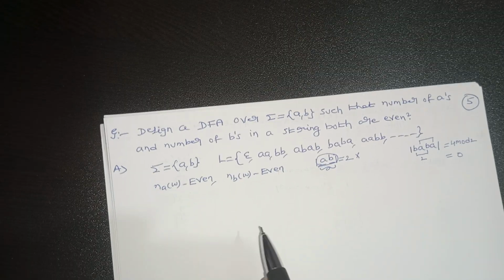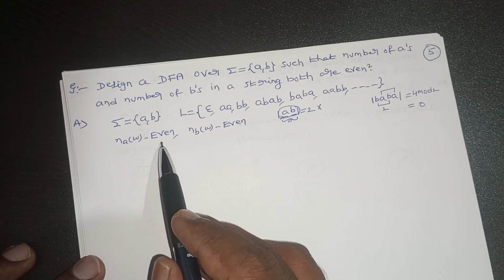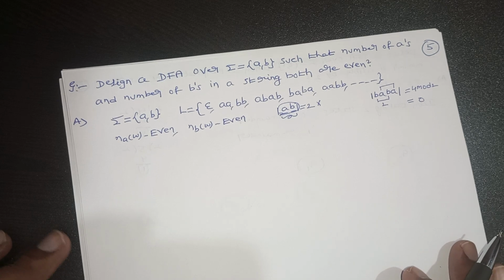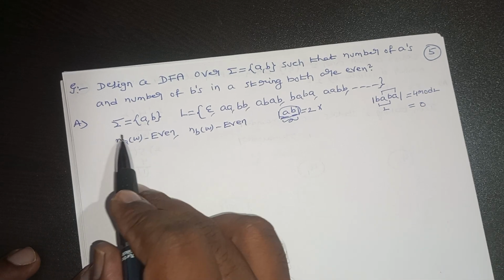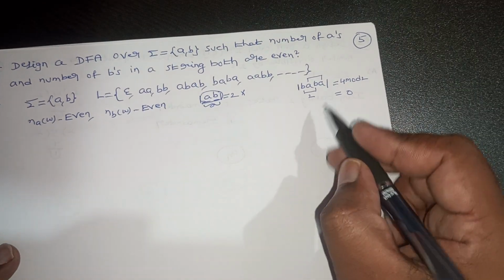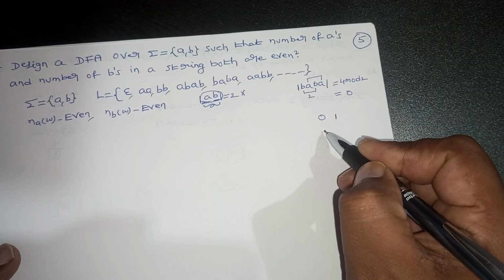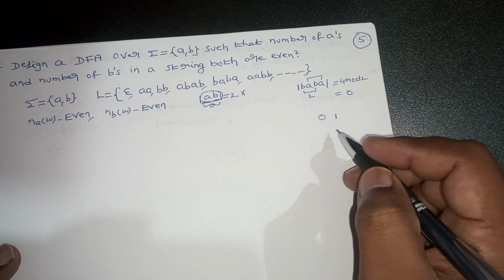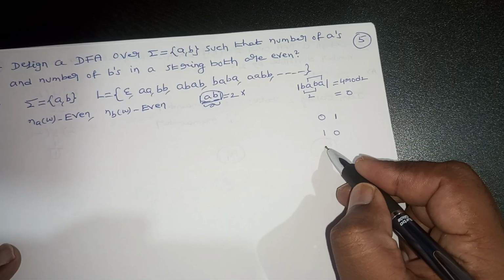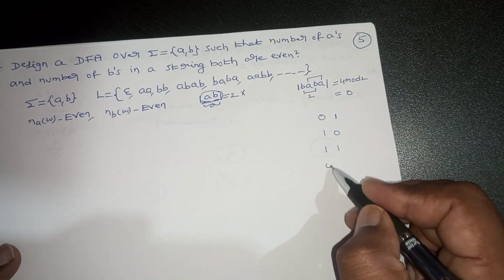Now see here, number of a's in a string equal to even, number of b's in a string equal to even. For that you have to draw the DFA. First you take sigma. So here I am taking an example: 0 1, 1 0, 1 1, and then 0 0.